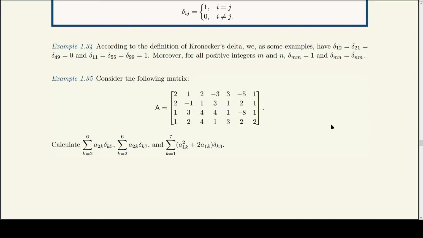So I have given you a matrix of this form, and I want you to calculate these sigmas. We can go back and try to do it together on the board. Let me keep the matrix here, and I want you to calculate this sum.